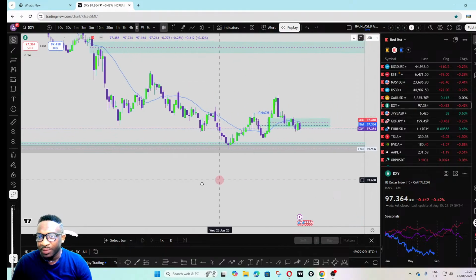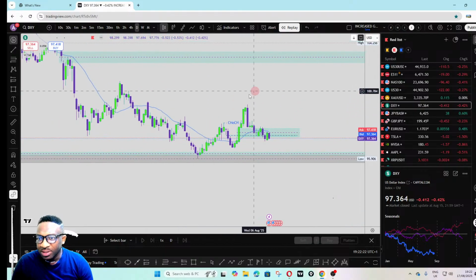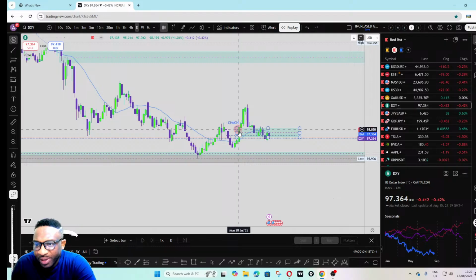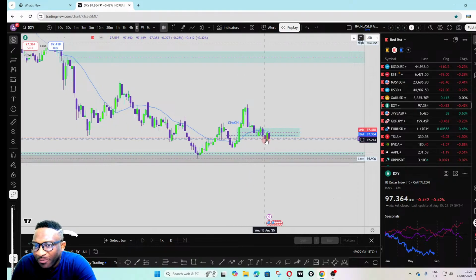The origin, we can say, is somewhere here. We have some imbalances, and we have price coming back to fill the imbalance here, as we can see.